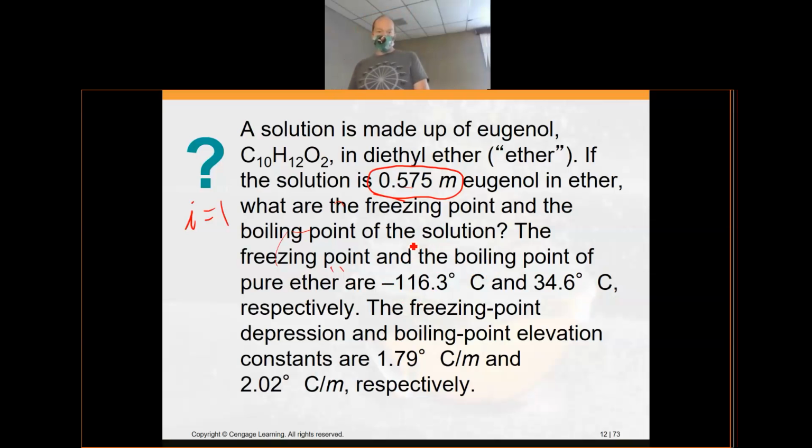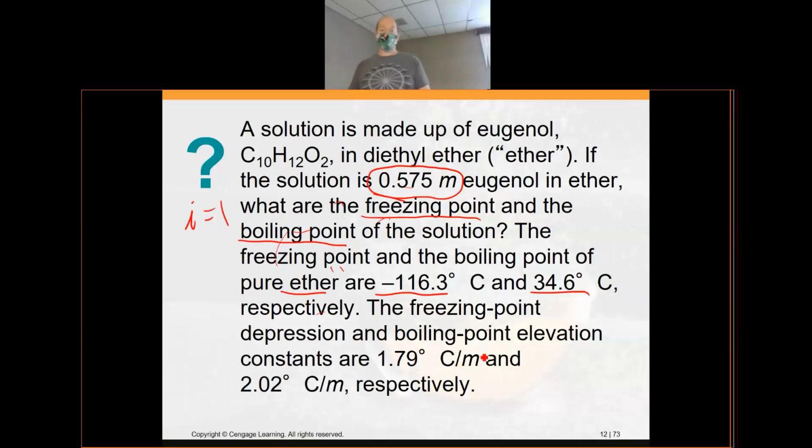All right, what are the freezing points and the boiling points? So in order to find the freezing point and the boiling point, they have to give us the pure freezing point. And so here it is, the freezing point and the boiling point of pure ether: minus 116.3 degrees Celsius, and 34.6 degrees Celsius as the boiling point.